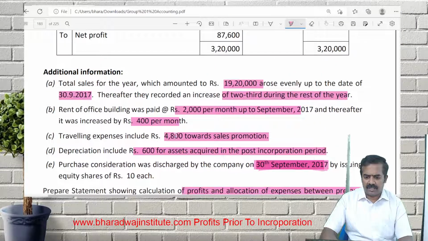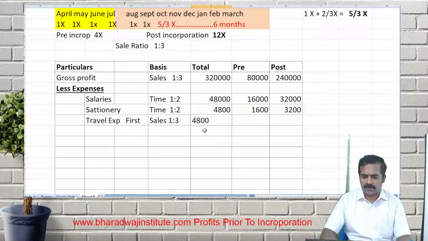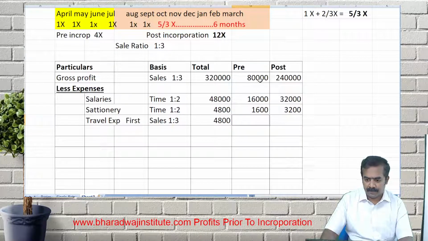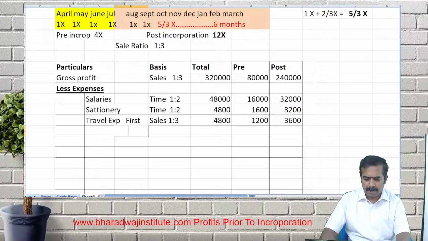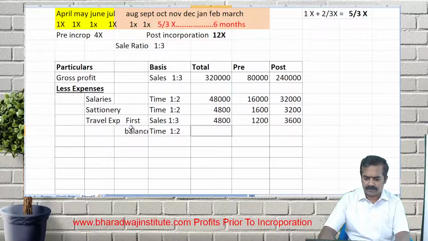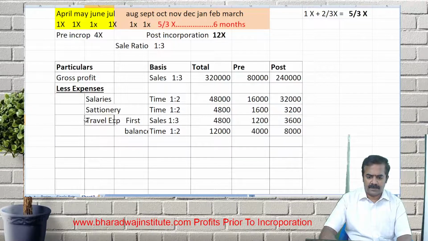The balance 12,000 goes in time ratio. First you take that 4,800 in sales ratio, balance in time ratio.